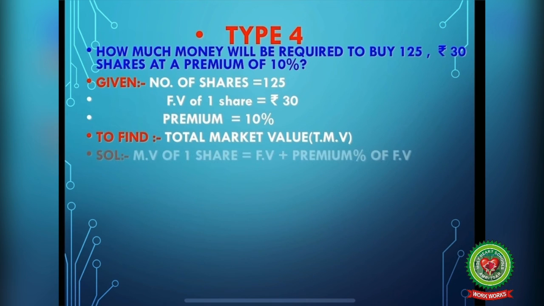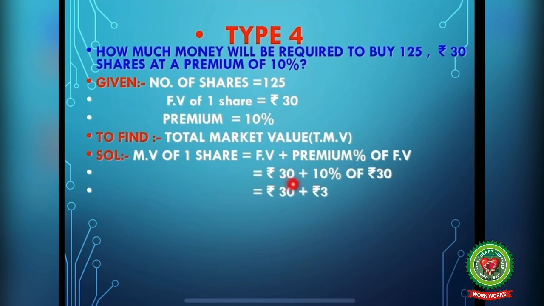So the first step is to calculate the market value of one share. The formula is face value plus premium percent of face value. On substituting the values, we get rupees 30 plus 10% of rupees 30, which is equal to rupees 30 plus rupees 3, which is equal to rupees 33.